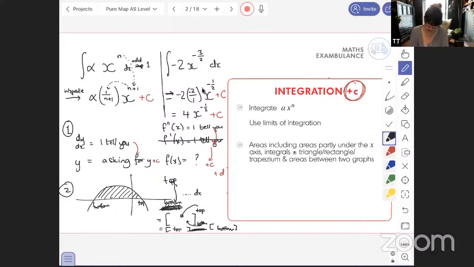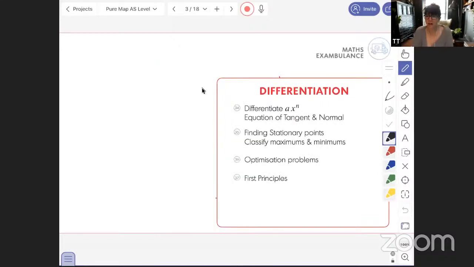Let's look at differentiation. Differentiation, how do we do it? Well, you've got a number times x to the power n, and when you differentiate, that n comes down, so you get alpha times n, and then after it's come down, so we're going in the opposite direction in terms of our thinking than integration, it goes down by 1.